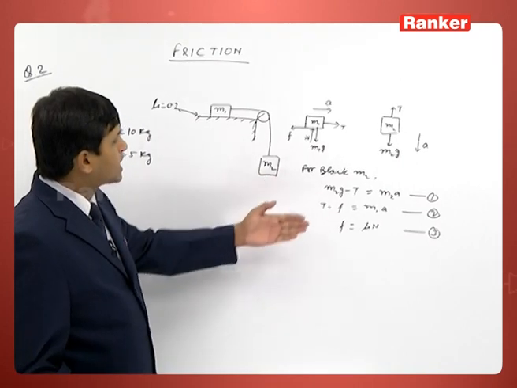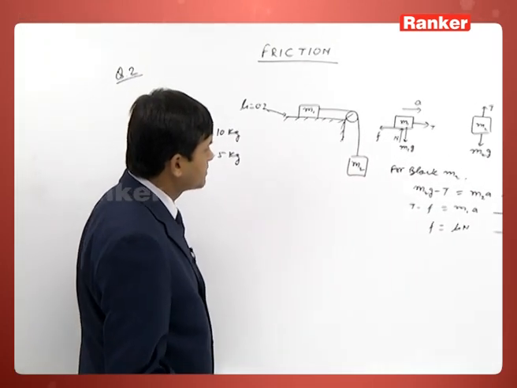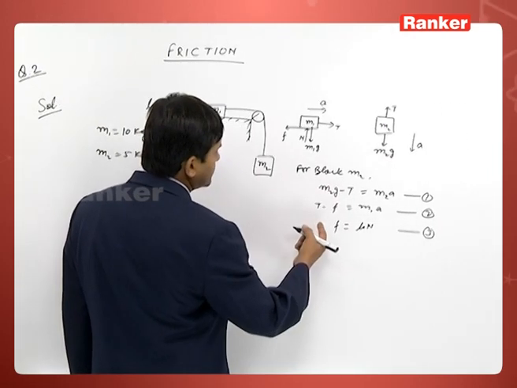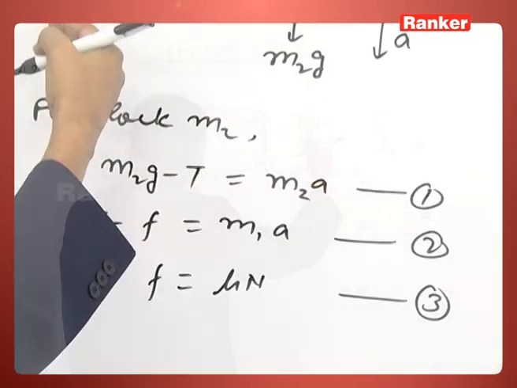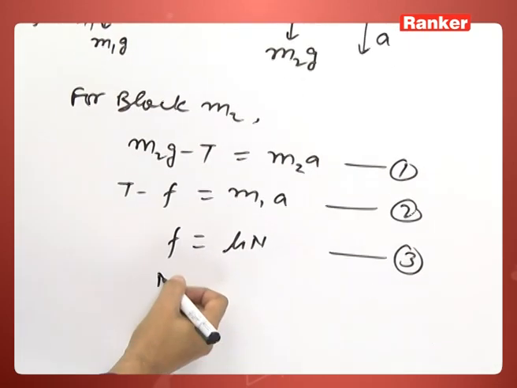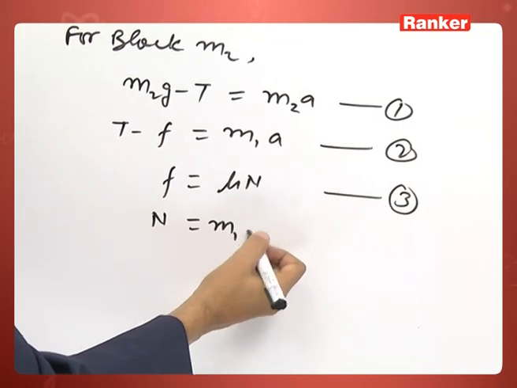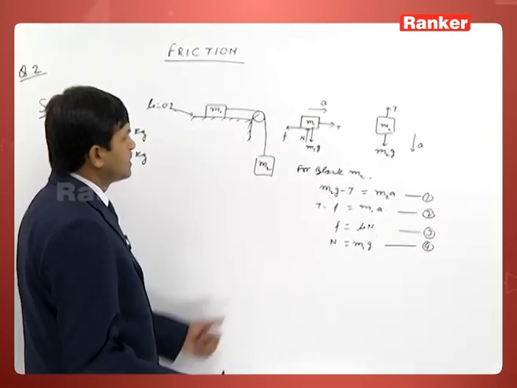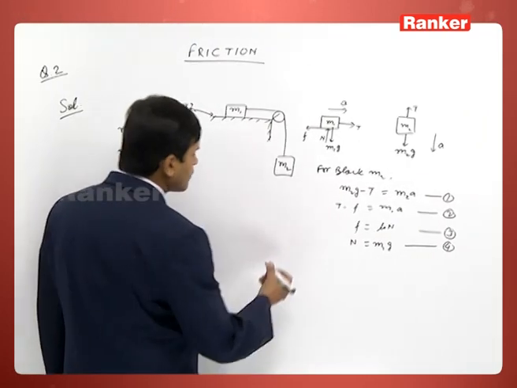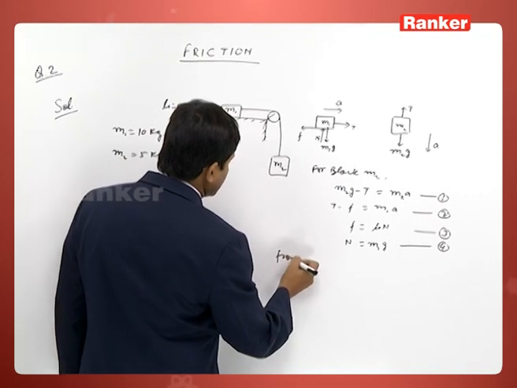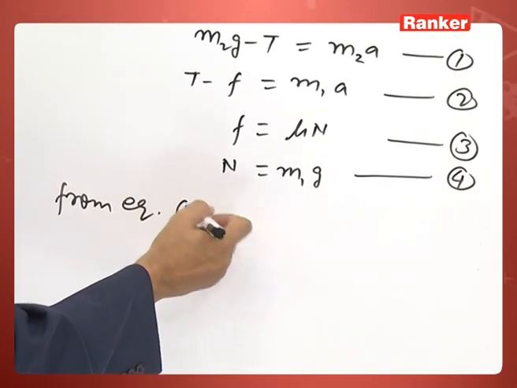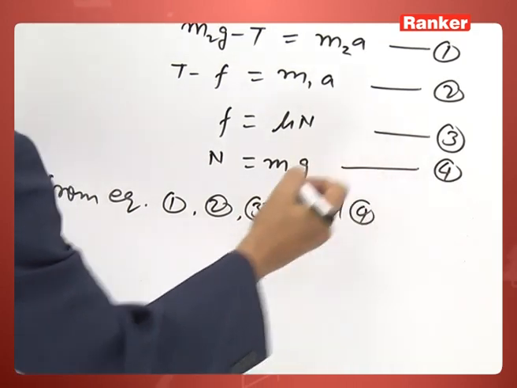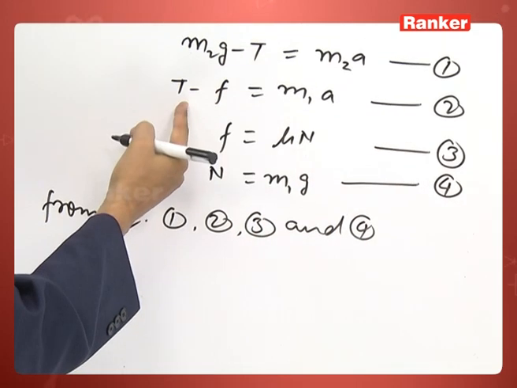Now, we add all these three equations to see what we will get. Another equation is the normal force N, equal to m1g; these are the four equations. So, from equations 1, 2, 3 and 4, see T and T cancel.